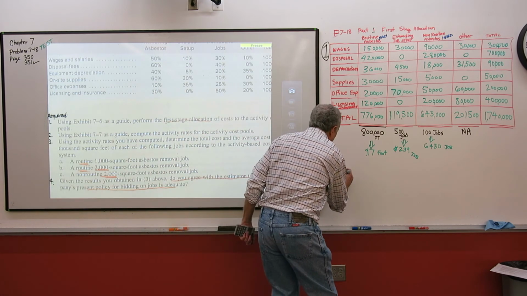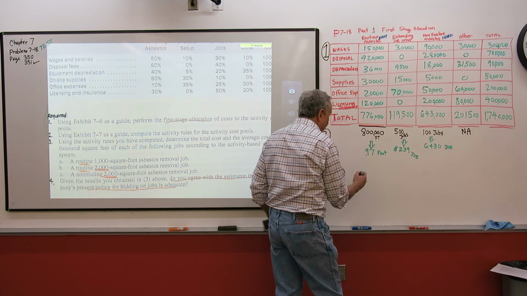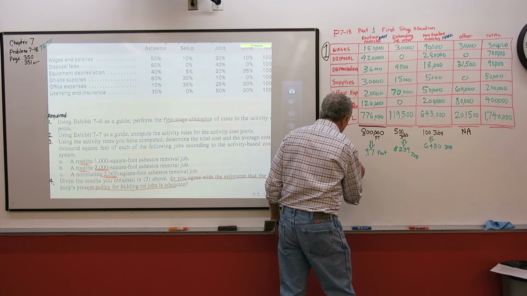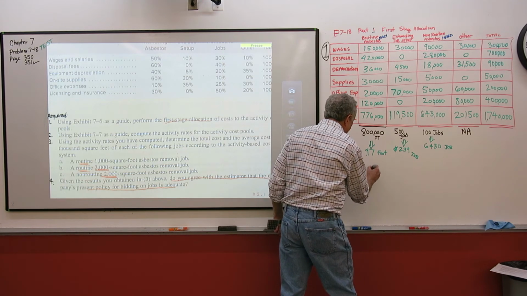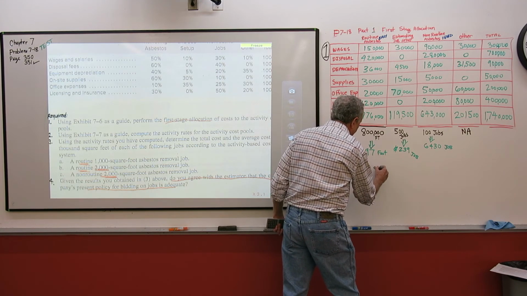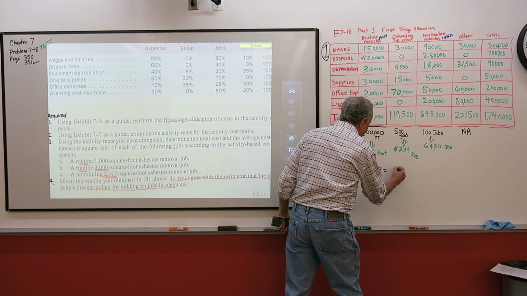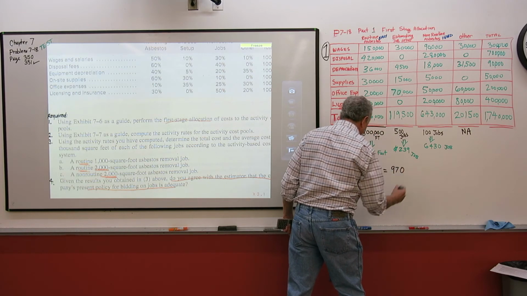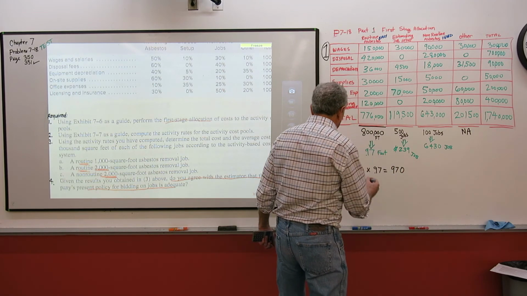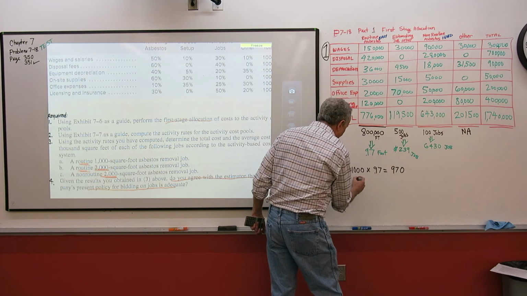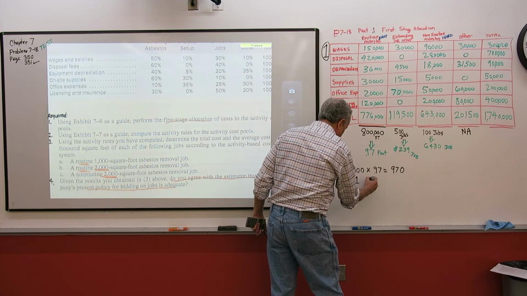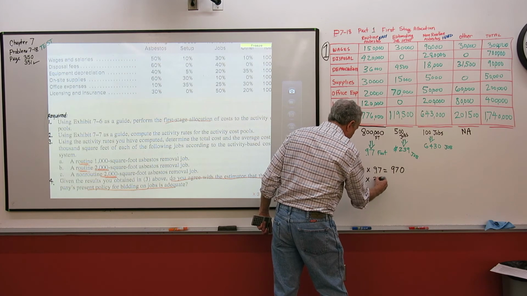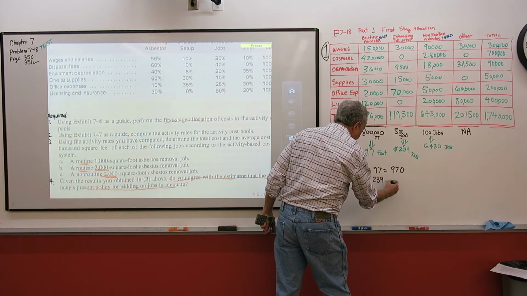3A is a routine 1,000 square foot job. So 3A is going to be 1,000 square feet times 97 cents a foot. So that's going to be $970. And then also, it's one job, and one job costs us $239 to bid it.